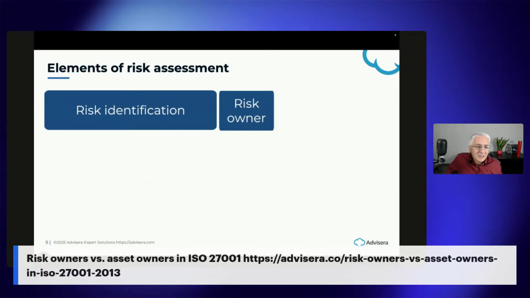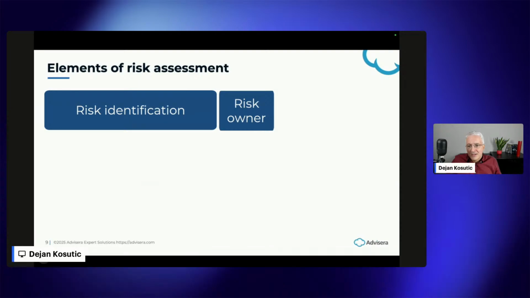In any case, risk owners are mandatory according to 27001, whereas asset owners are not mandatory. But I would say it's recommended also to have asset owners as well. The next mandatory element is assessing the level of impact, so how big the consequences would be if an incident happens.